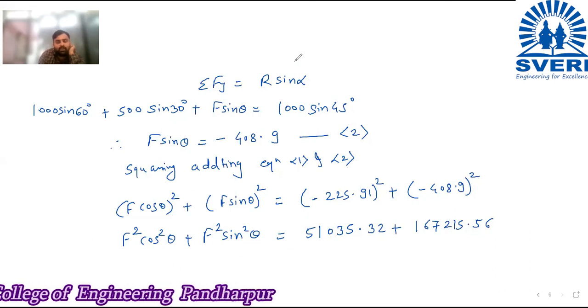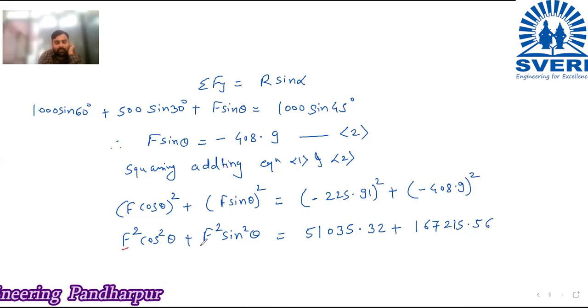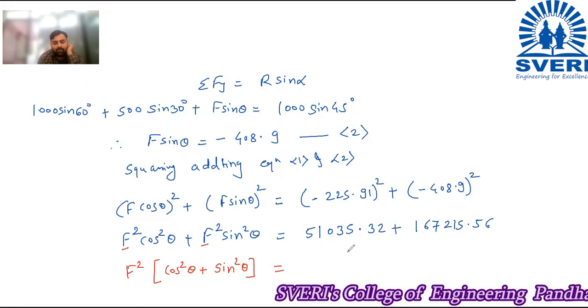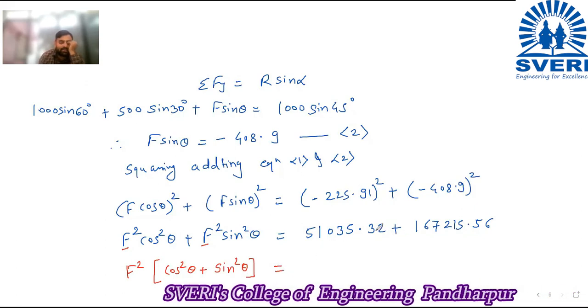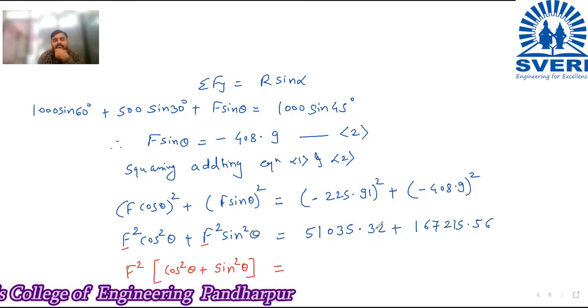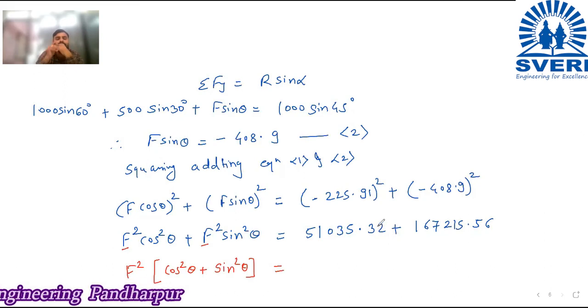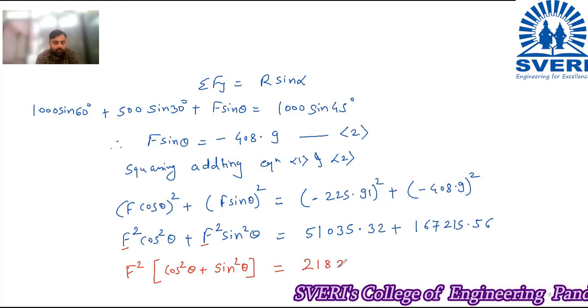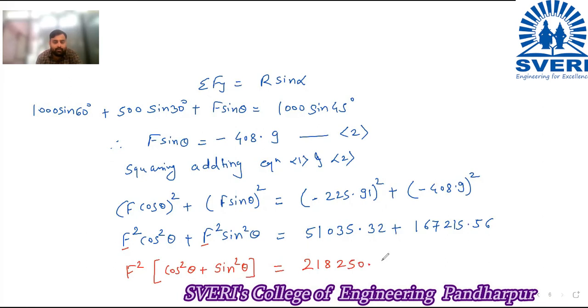So now here you can see, on this side I will take this f square common from both the terms. So f square, what will remain in the bracket? It is cos square theta plus sin square theta, which is equal to... now add these two and let me know the answer fast. 218,250.88.